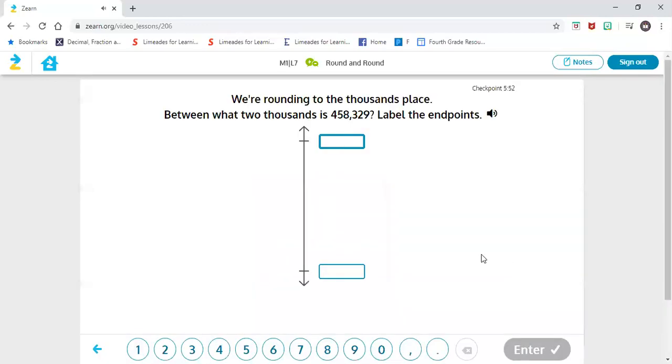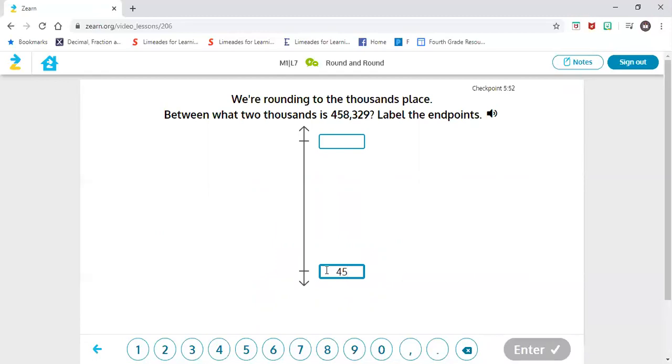Okay, so again, I have to read what I'm rounding to. So I'm rounding to the nearest thousands place. And as I look in this number, what's in my thousands place? It's an 8. Okay, so remember, anything before my thousands place stays the same. So the 4 and the 5 stay the same.